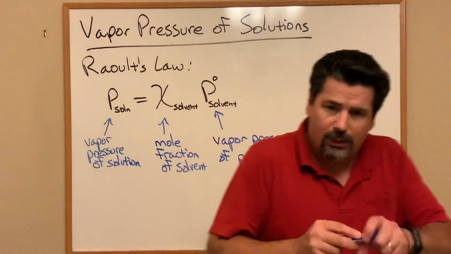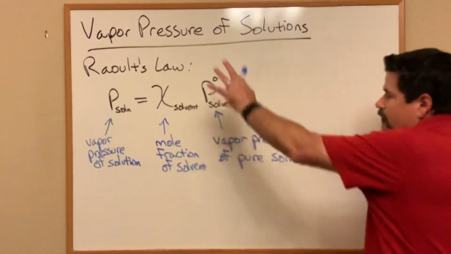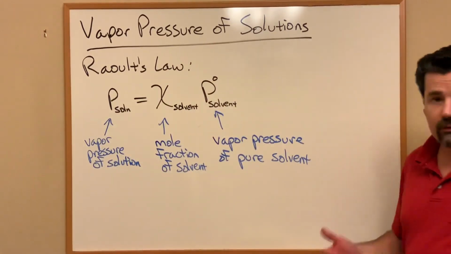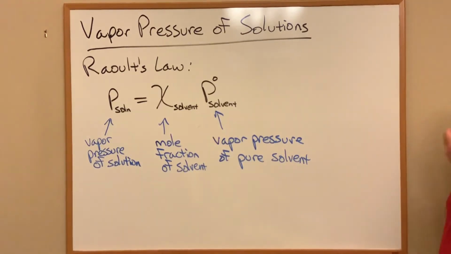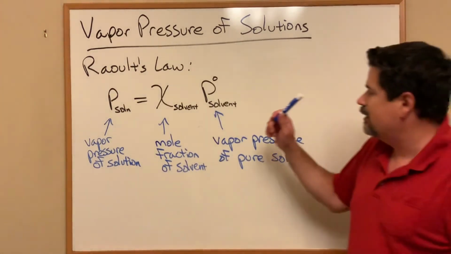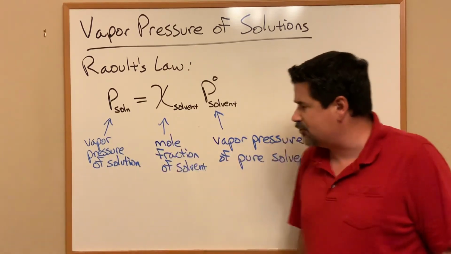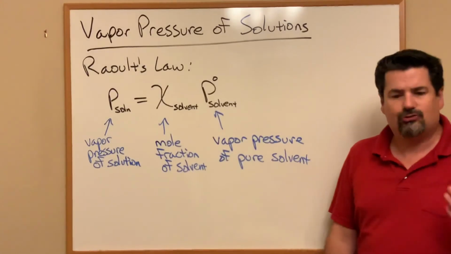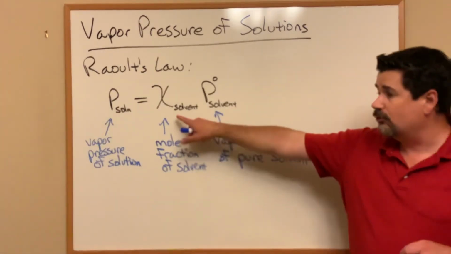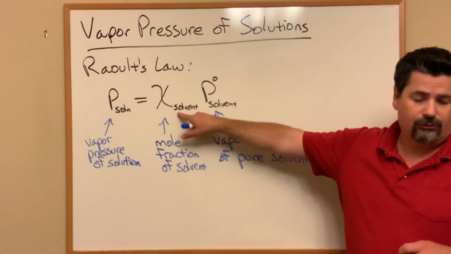So we could go ahead and use this equation in some calculations, and we'll do that in the workshop when I talk about vapor pressure. So if you had a measured vapor pressure of a solution and you knew the vapor pressure of the pure solvent, you could calculate the mole fraction of the solvent.